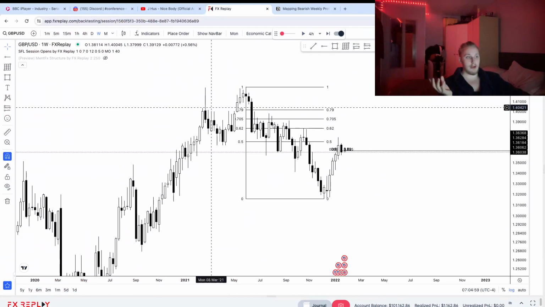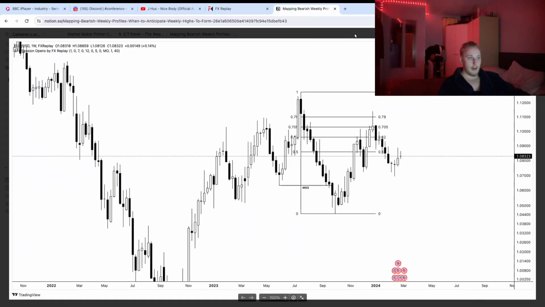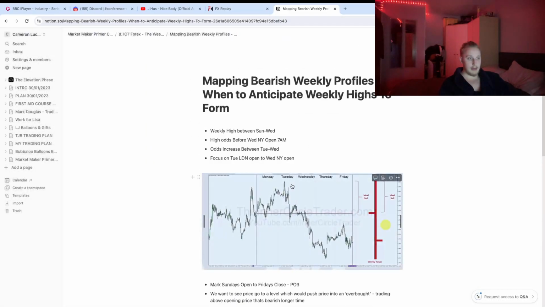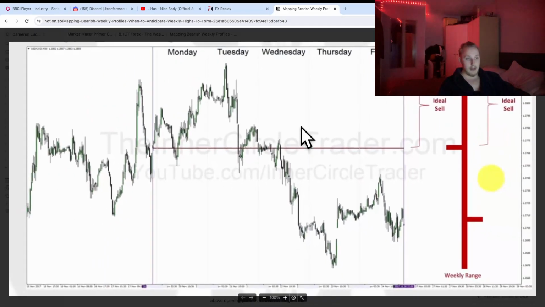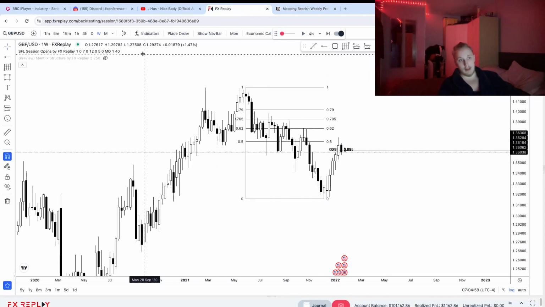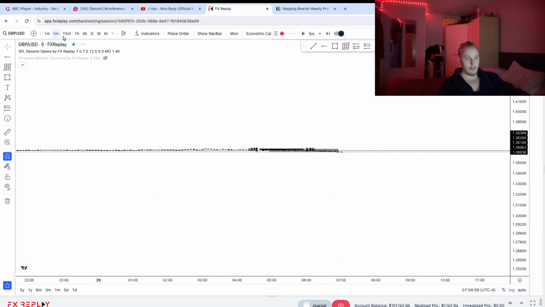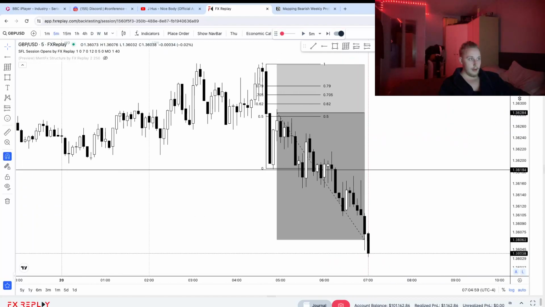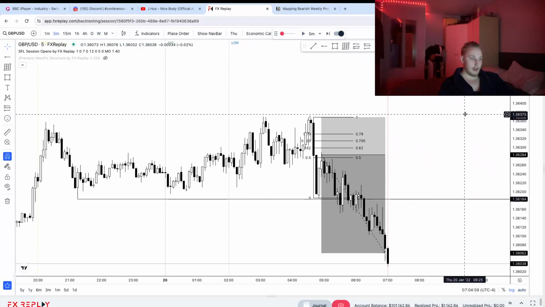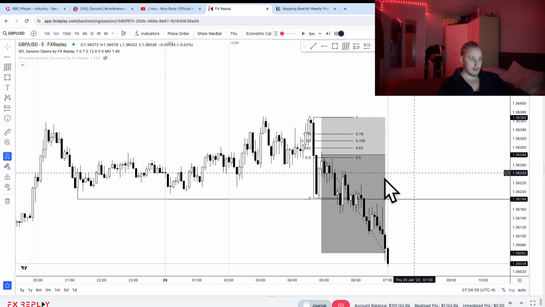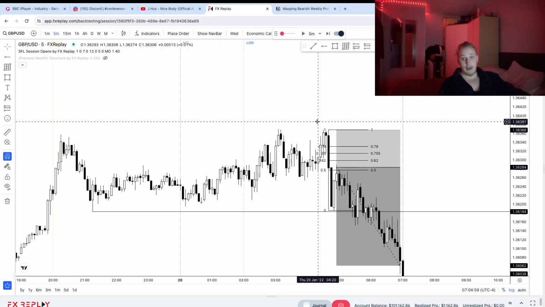So with the logic of weekly bias and us selling, knowing when to sell, obviously it's a guideline, because with this example, the high of the week potentially, if we need to see what the rest of the day has, was made on Thursday.